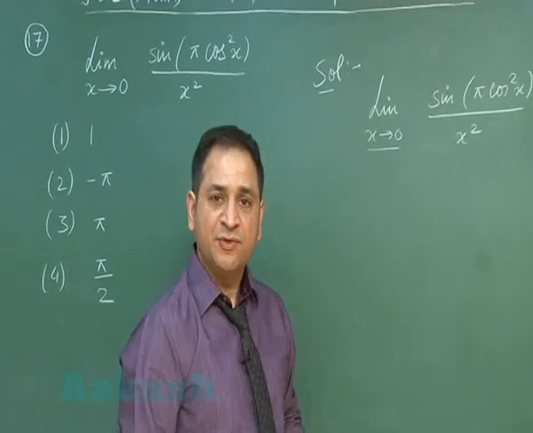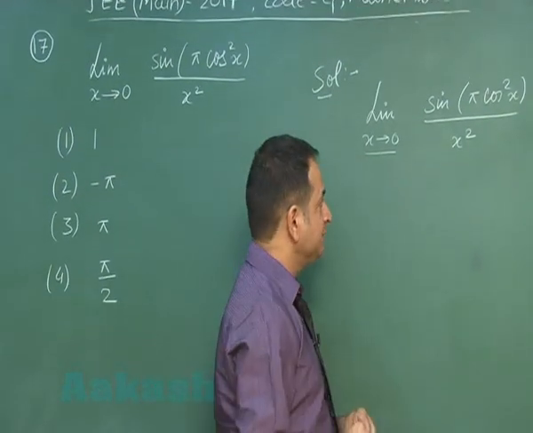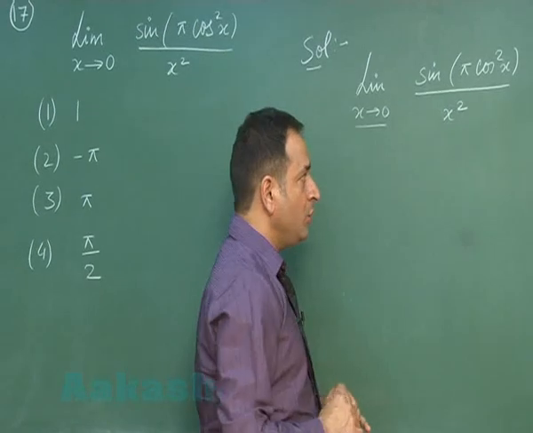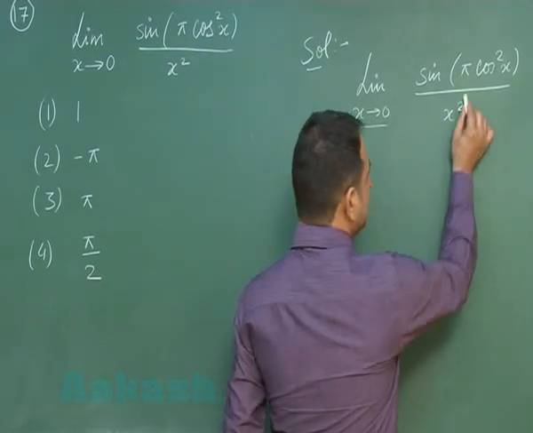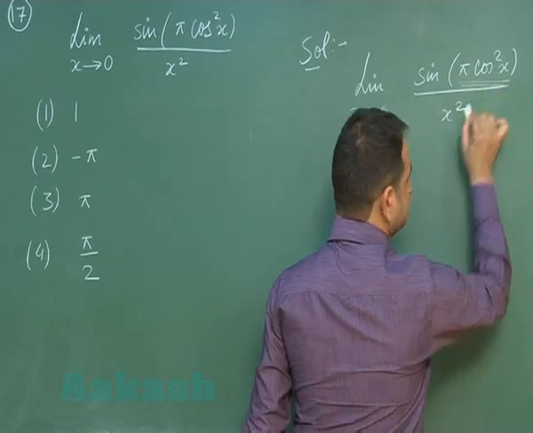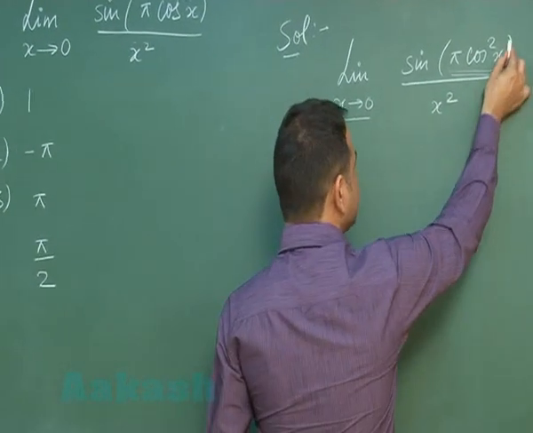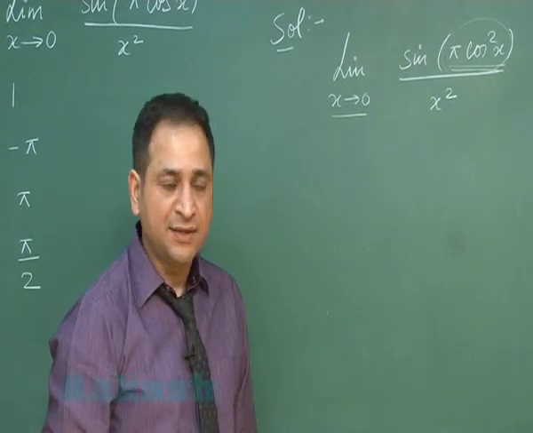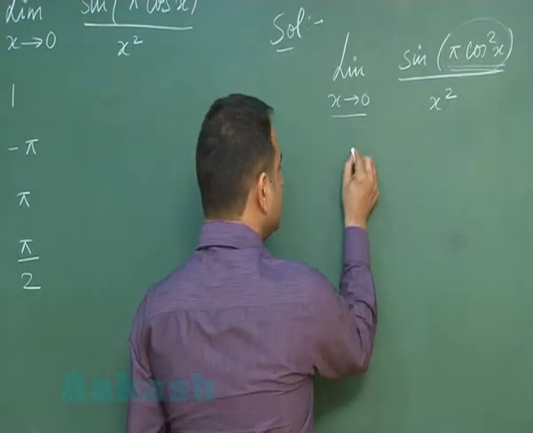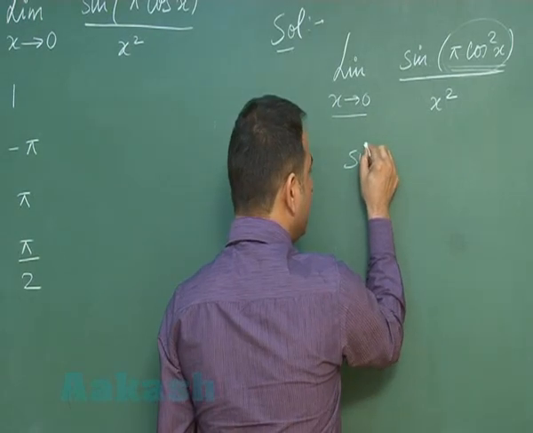Now we have to find out the value of this. We can go for the standard result, but you can notice here this is not tending to 0. This is actually tending to pi. So we can't apply the direct result here. We are going to go for this manipulation.